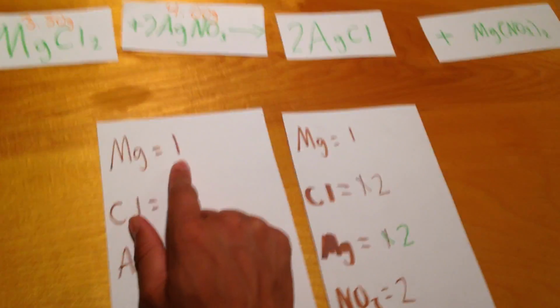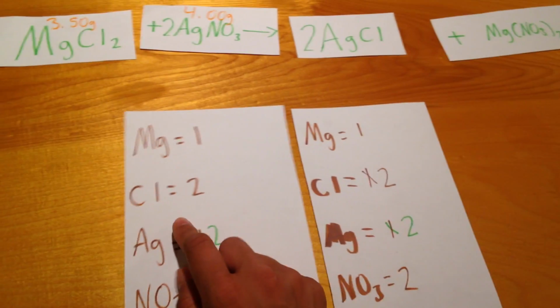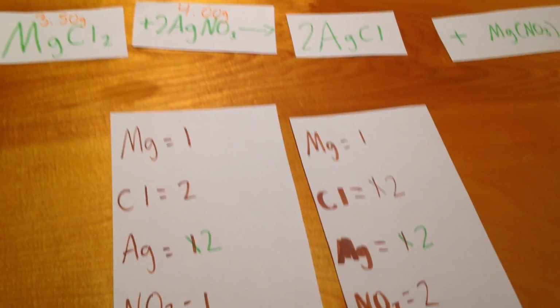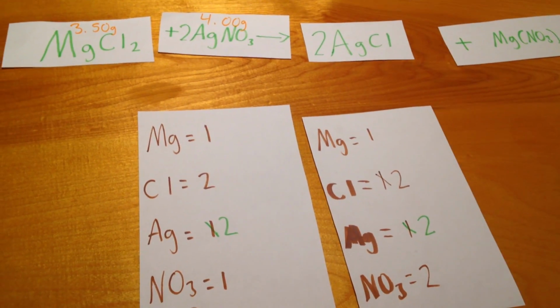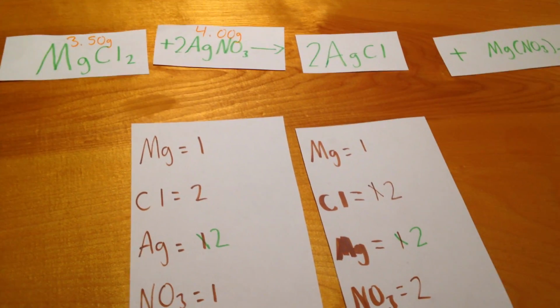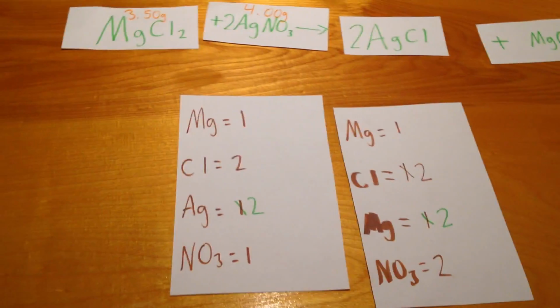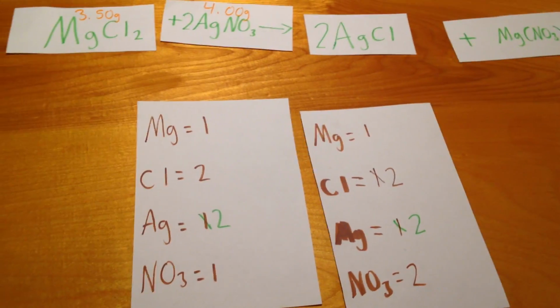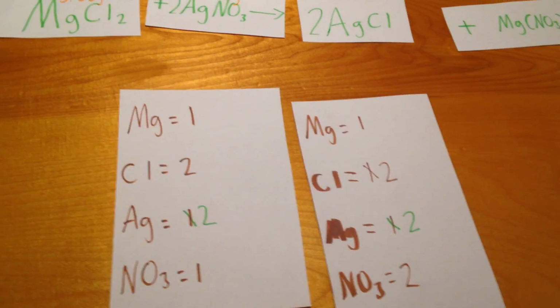On the left and right, there's one magnesium; there are two chlorides on the left and one on the right, so that has to be balanced. There's one silver on the left and right, and one nitrate on the left and two on the right. In order for it to be balanced, it has to have the same amount of elements on each side. So here, I balance the chlorides first.